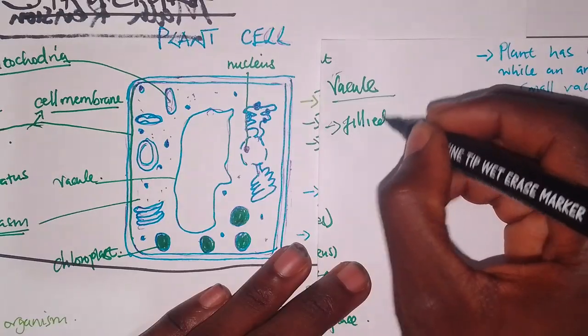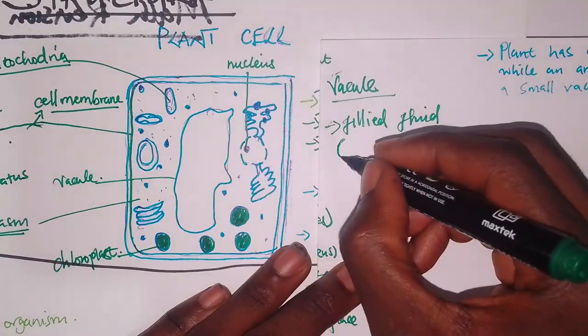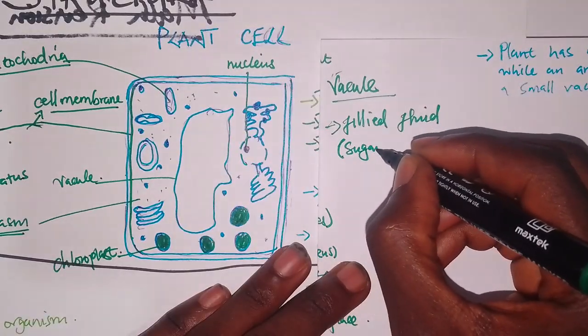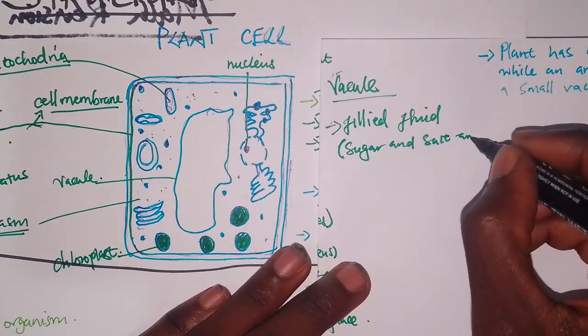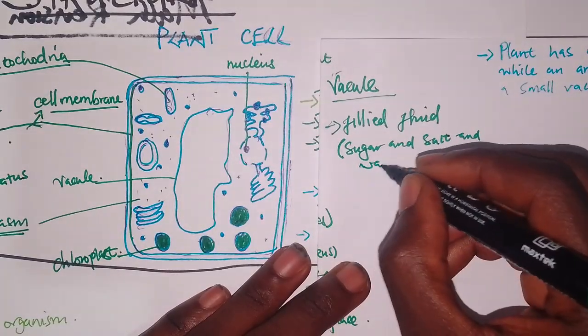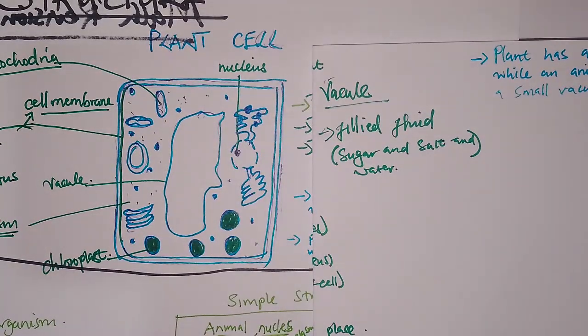As I told you, it is filled with fluid, and this fluid is sugar and salt and water. Yeah, so this is where a plant cell basically stores sugar, which it manufactures from what? Photosynthesis. So after manufacturing sugar from photosynthesis, it stores it in a vacuole.